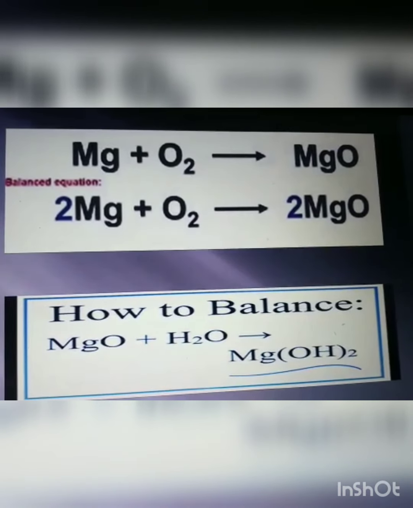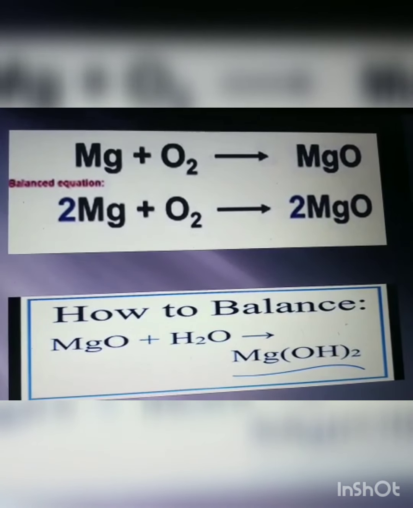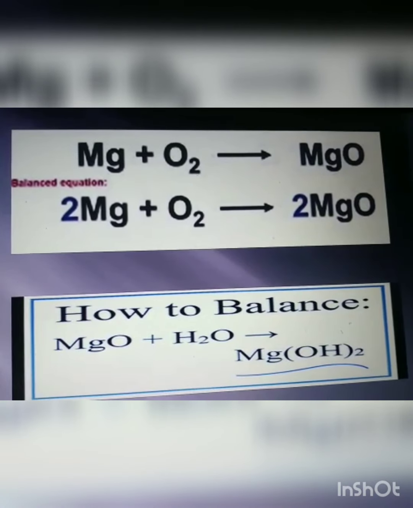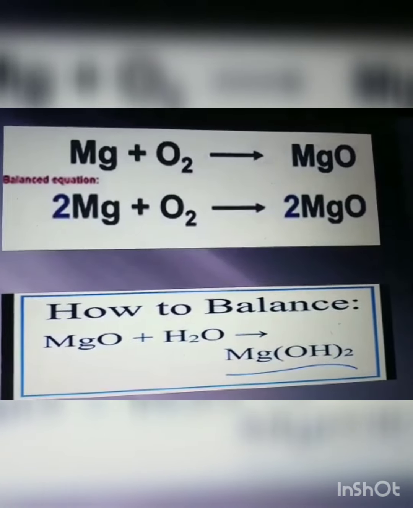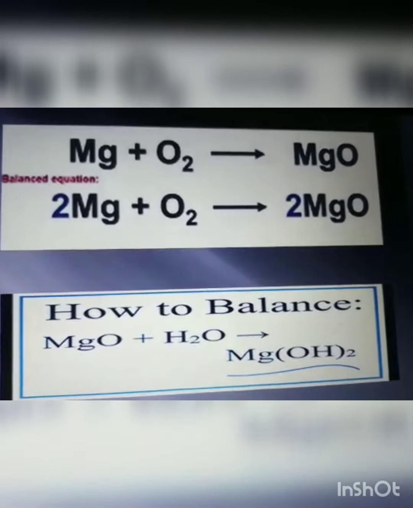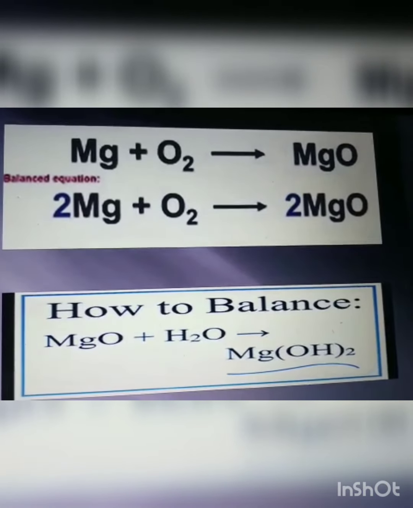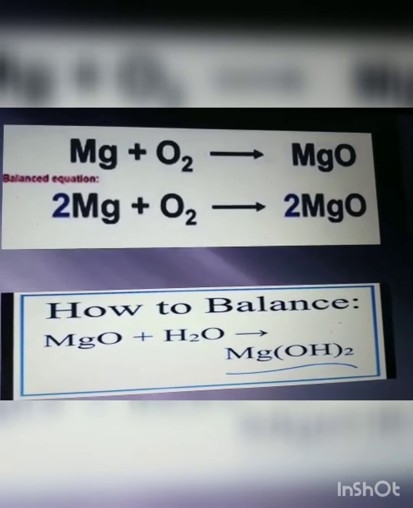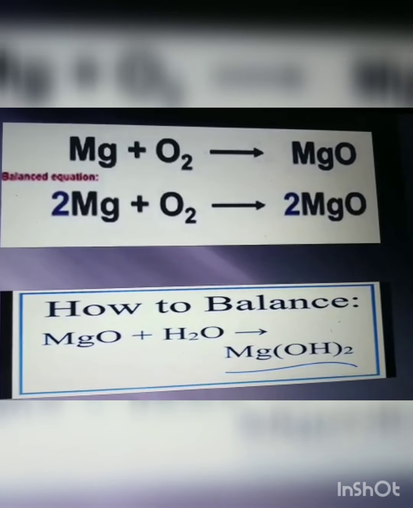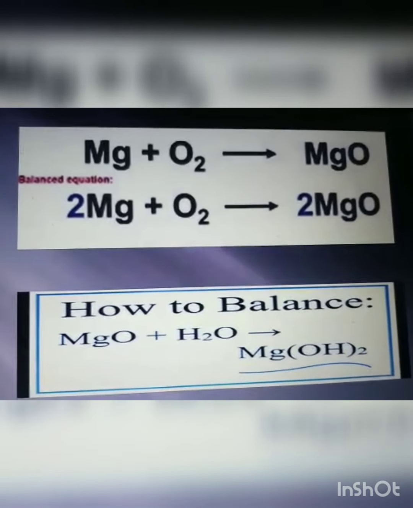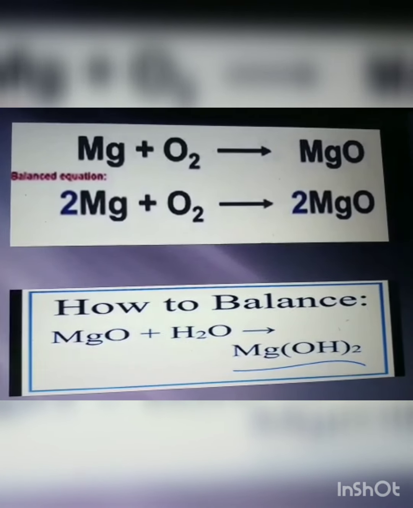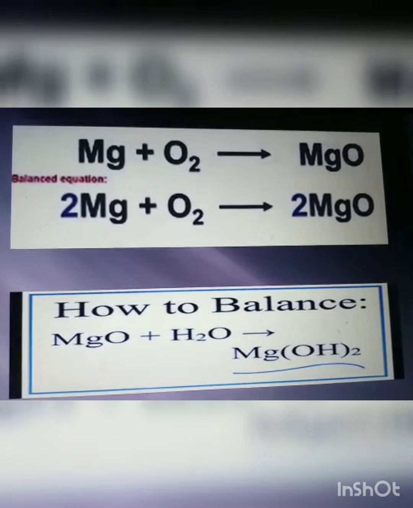See, mass can neither be created nor destroyed. It means the total mass in the reactant side should be equal in the product side also. If there are 2 molecules of magnesium and 2 atoms of oxygen, it means when magnesium oxide forms, that should also be balanced.